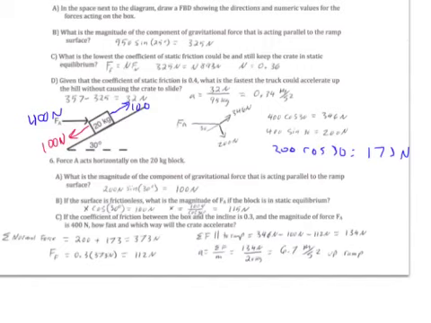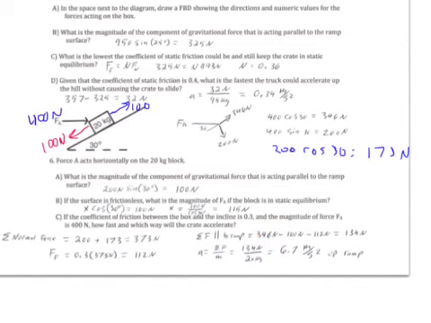Now, let's figure out what the sum of the forces acting parallel to the ramp are. So the forces I have are the component of this 400 that's acting in this direction. So 400 times the cosine of 30 gives me 346 newtons pushing up. So I have 346 newtons of upward force trying to cause it to accelerate upwards.